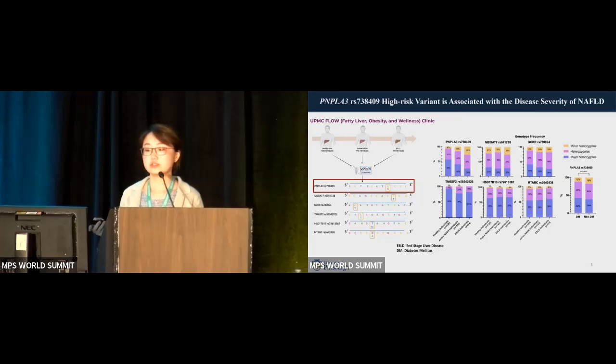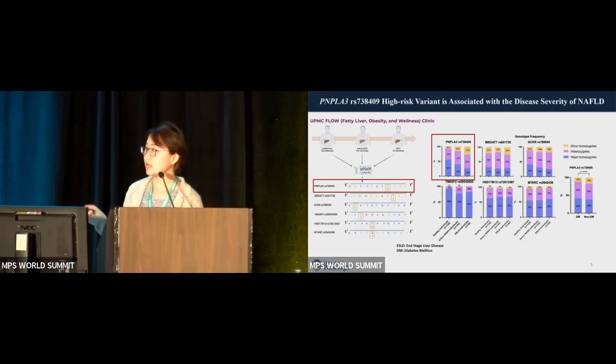You can see this is a C to G mutation, and C is the major polymorphism and G is the minor one. On the right, we compare the genotype frequency across different disease conditions. We have the healthy individuals, the NASH group, and the end stage of liver disease.